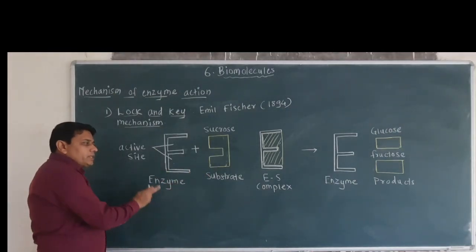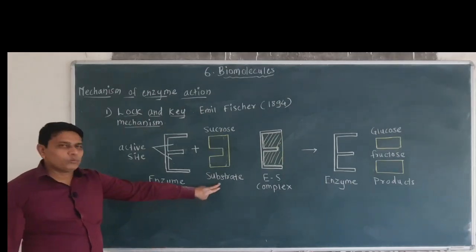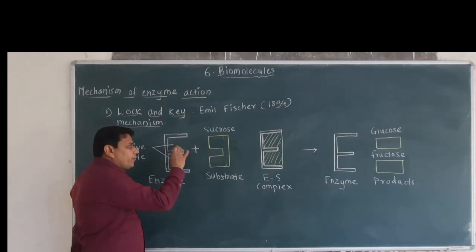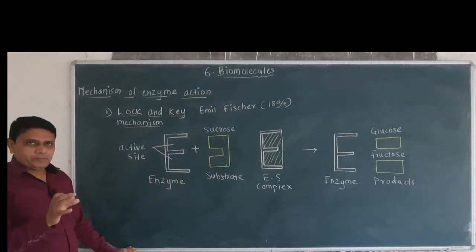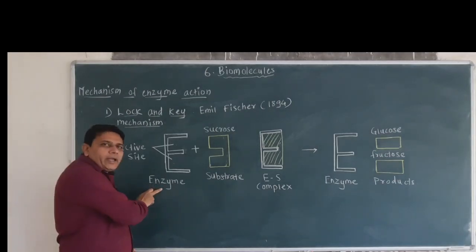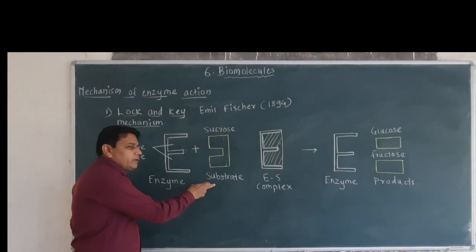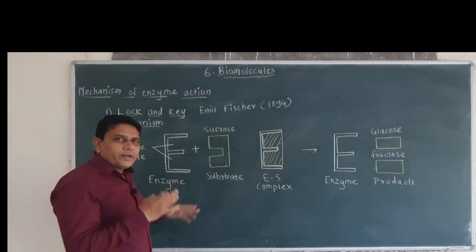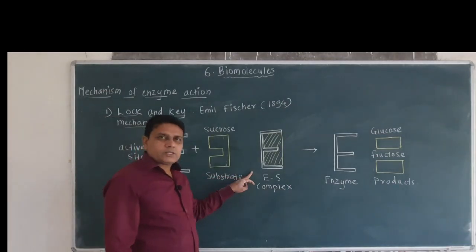So this enzyme changes its shape according to the substrate so that the substrate will properly fit into the active site of the enzyme. So here enzyme acts like a lock while substrate is the key. Then after fitting into one another, enzyme substrate complex is produced.